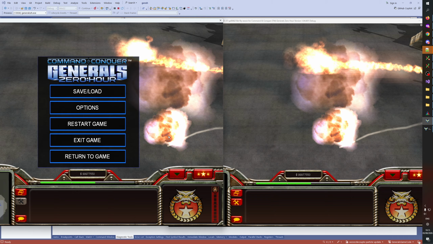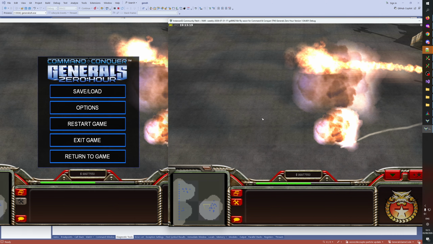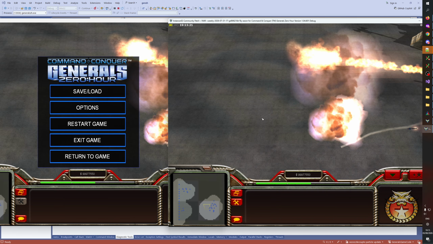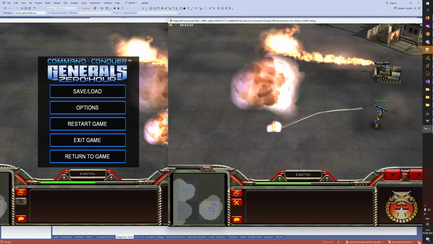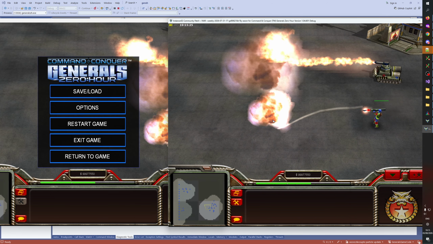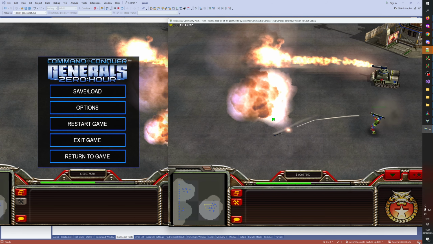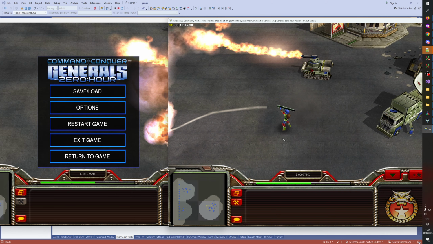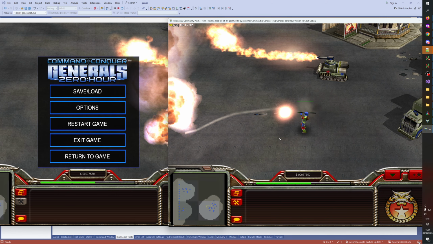Looks very similar, I would say. I don't see a discrepancy. Okay, what about this blob here?